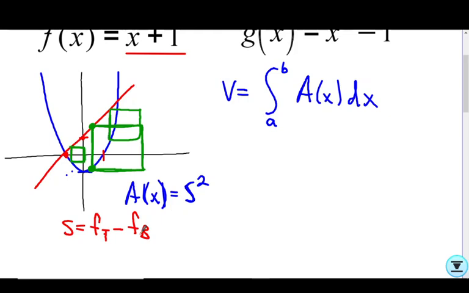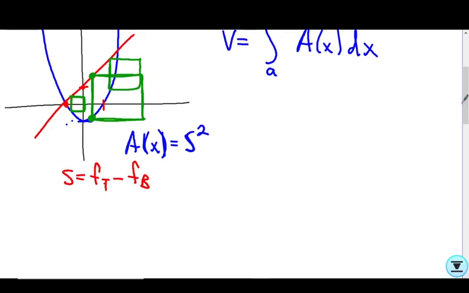That gives me this length from the two functions. So my top function is x plus 1 minus x squared minus 1, and when we simplify that, we get 2 plus x minus x squared. That is my s.